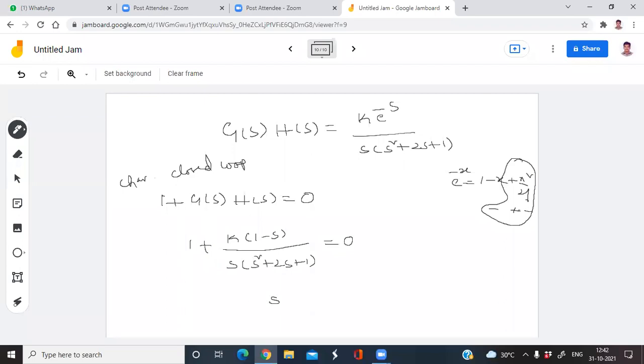Finally, I want to write the equation. After solving this, you will get the characteristic equation as s power 3 plus 2s square plus s into (1 minus k) plus k equal to 0.